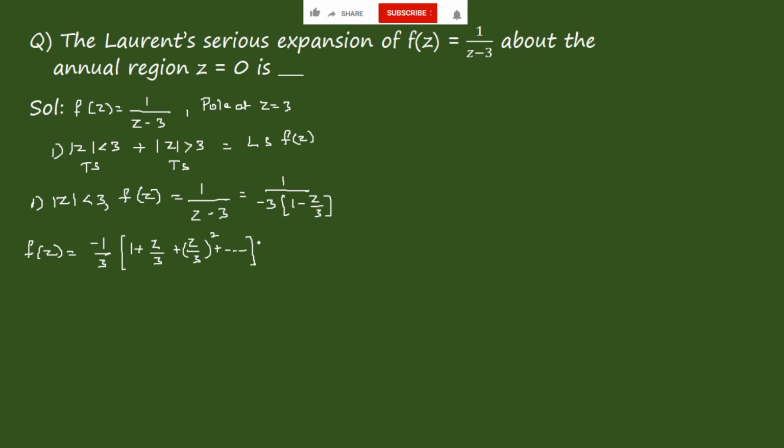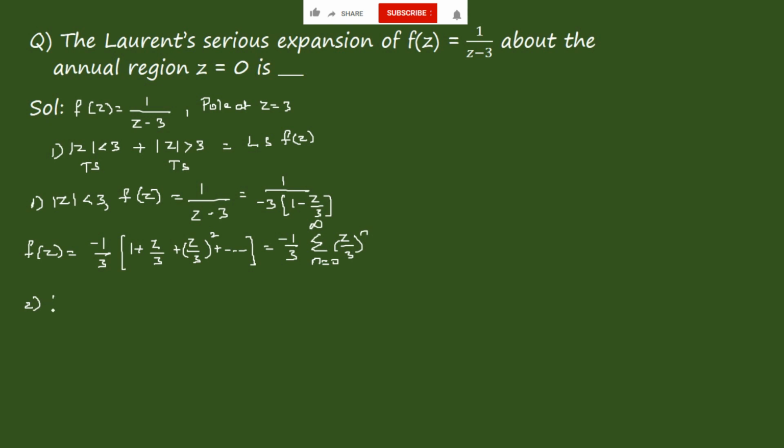So it is the summation, minus 1 by 3 summation of n equal to 0 to infinity z by 3 whole power n. Right. Now come to the second one.